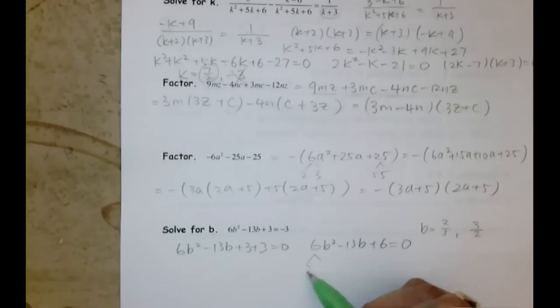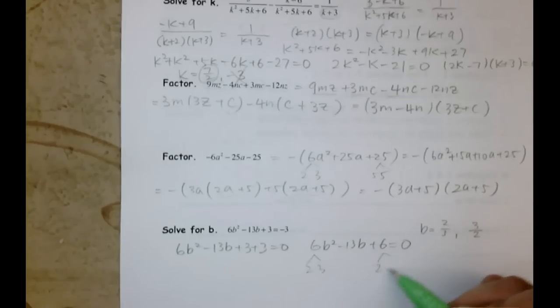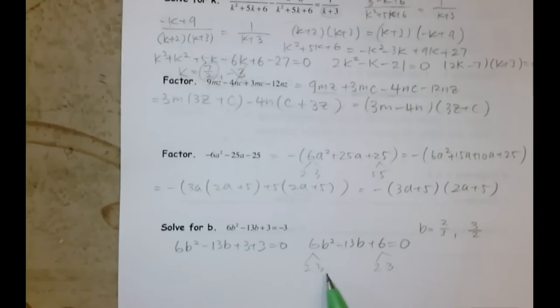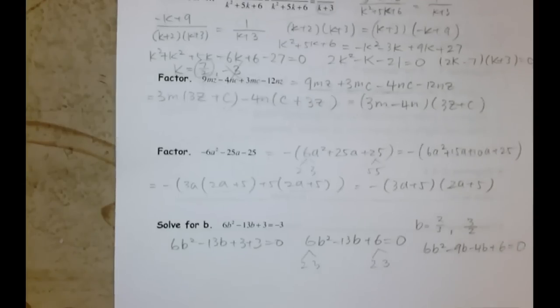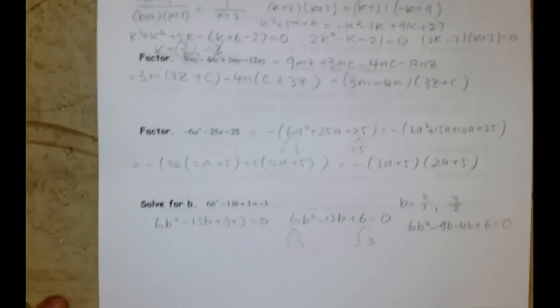So this is 2 and 3, this is 2 and 3, and how do we, so this is negative, that means both numbers are going to be negative, and then add up to 13. So well, 9 and 4 would do it, right? So let's rewrite it. 6b squared minus 9b minus 4b plus 6 equals 0. Okay, so far so good.